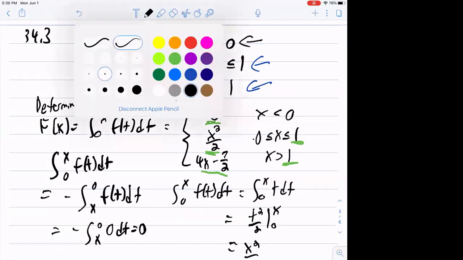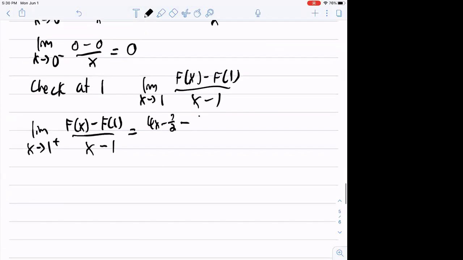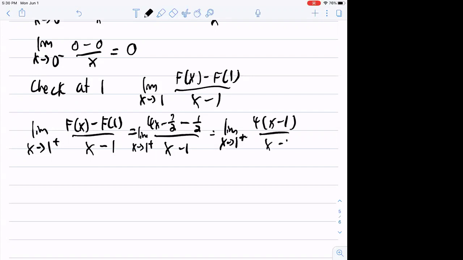We have equality right here, so if I plug in 1, it's 1 squared over 2, which is a half. Over x minus 1, I need the limit as x goes to 1 plus. This becomes 4 times (x minus 1), because 8 over 2 is 4, over x minus 1. So this limit is 4.